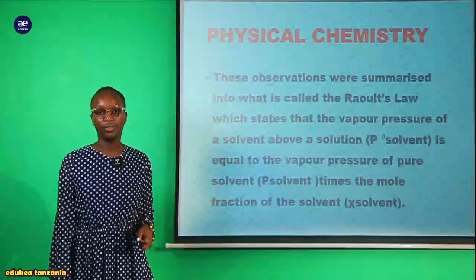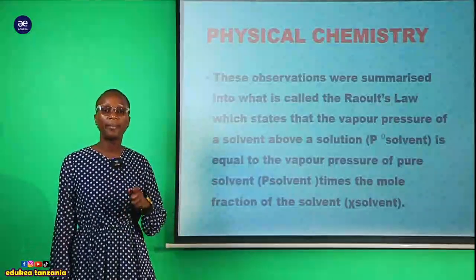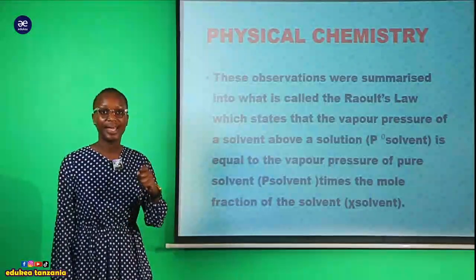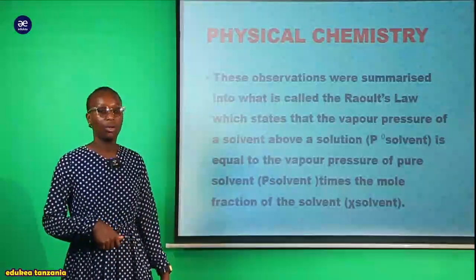This is the statement of the law. Kwa hiyo vapor pressure of the solvent is equal to the vapor pressure of the pure solvent times the mole fraction. This is according to the Raoult's law.